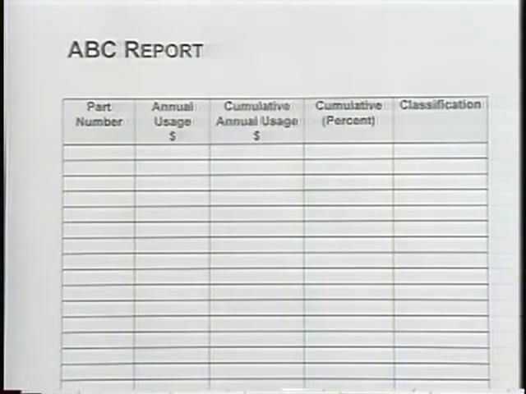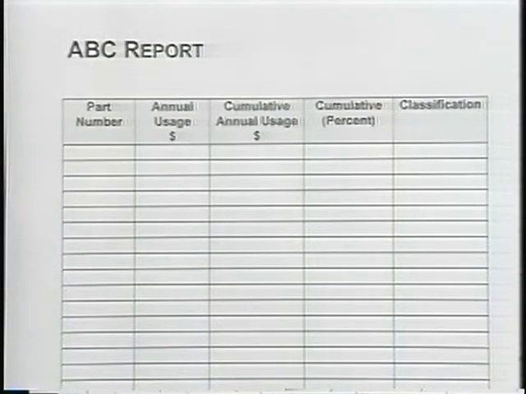Then once I have my annual usage values in that second column from the left, I'm going to run a cum total. Therefore, the first item would have its cumulative annual usage, which actually is equal to its annual usage value.